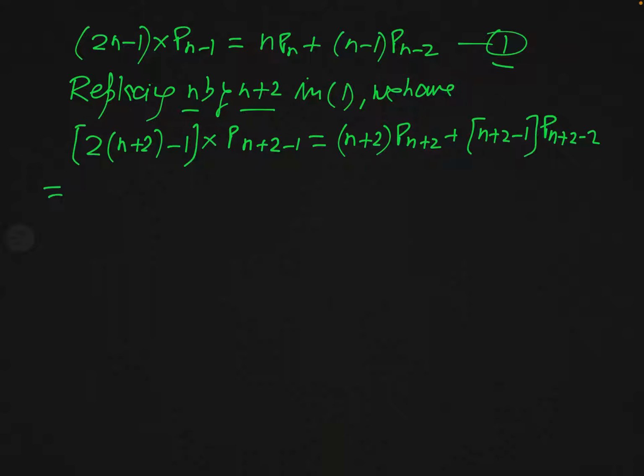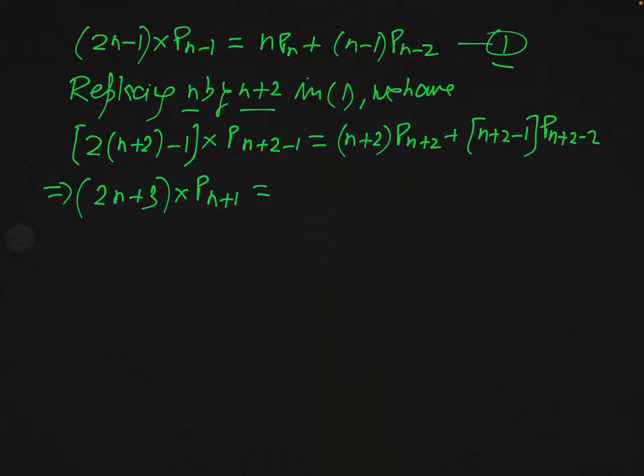So let us see what this recurrence formula becomes. Here it will be 2n plus 3, because this will be 2n plus 4 minus 1, and 4 minus 1 will be 3. So this is simply 2n plus 3 into x p. You can see 2 minus 1 will be plus 1, so this will be pn plus 1.